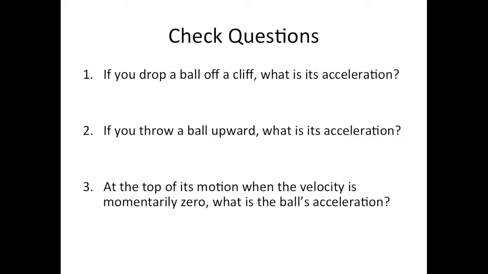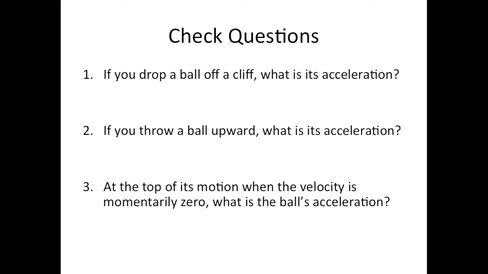At the top of its motion, when the velocity is momentarily zero, what is the ball's acceleration? When you throw something up in the air, it does reach a maximum height at some point. And at that point, the velocity is actually zero for an instant. Even at that point, the acceleration is still negative 9.8 meters per second squared.